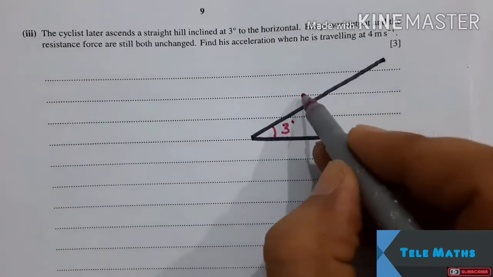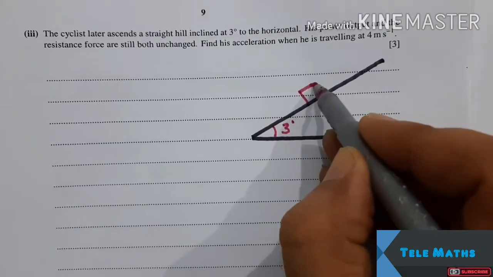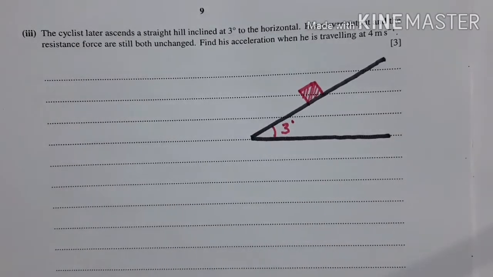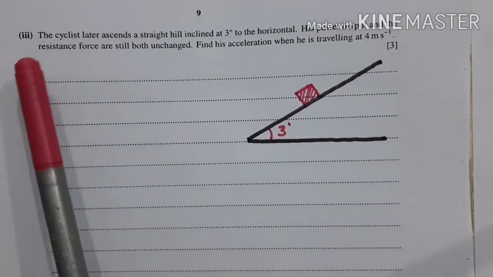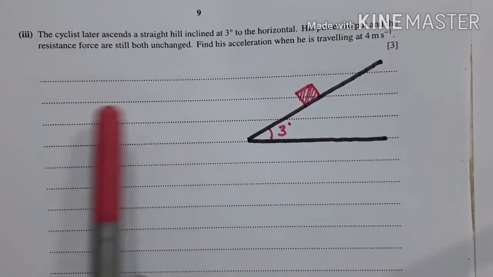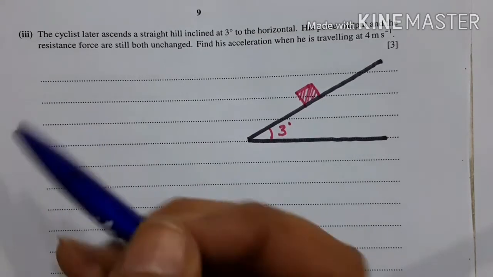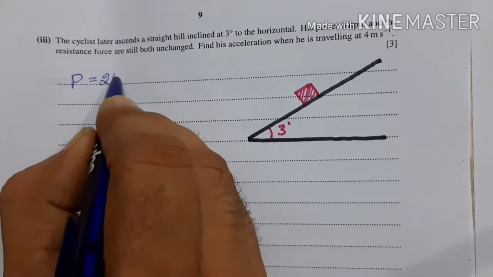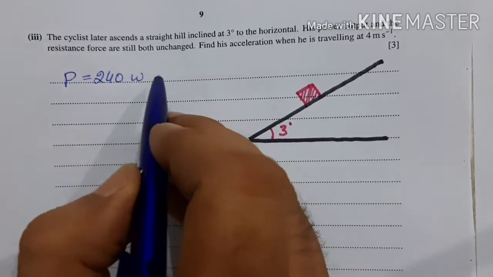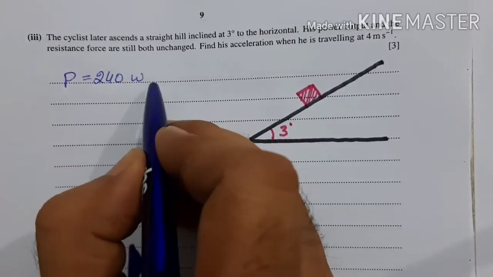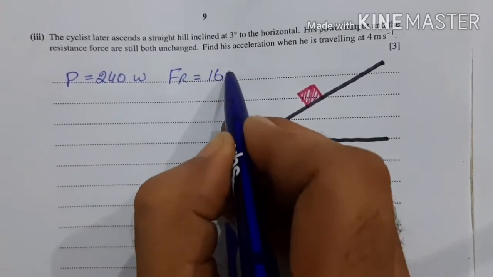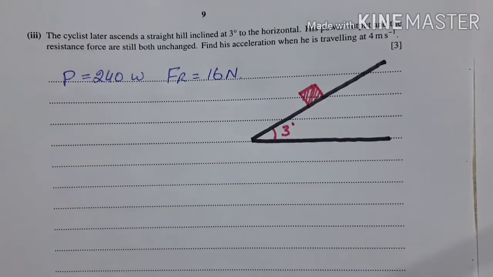Let's suppose this is the cyclist. His power output and resistance force are still unchanged, meaning his power is 240 watts and force of resistance is 16 newtons from part 1.